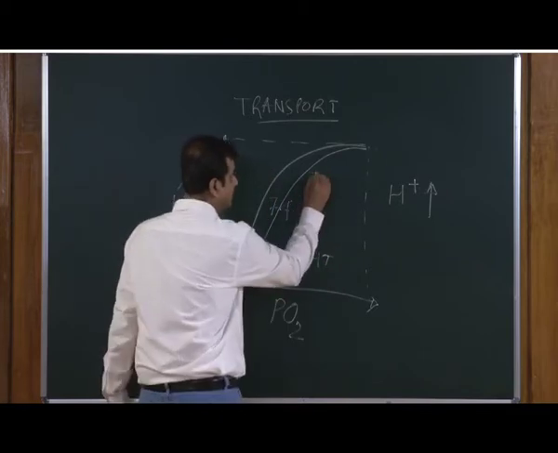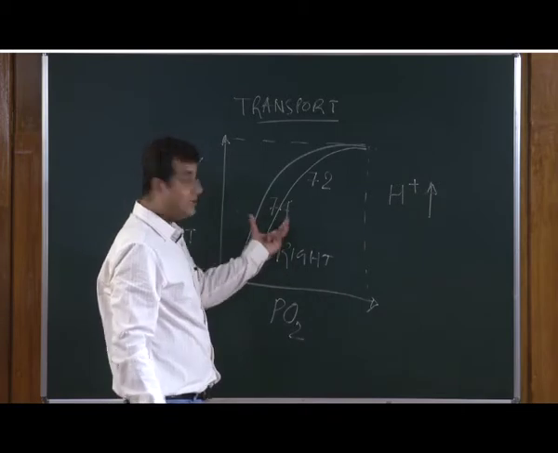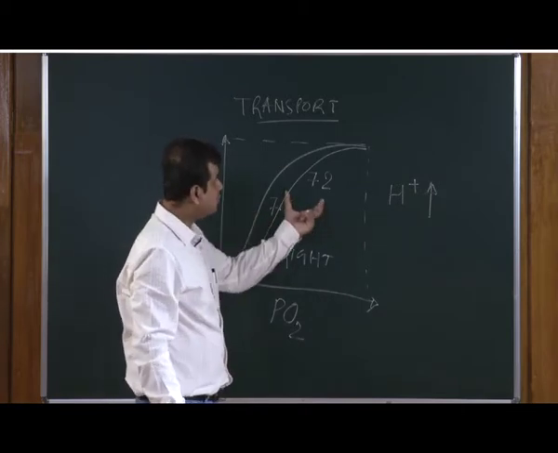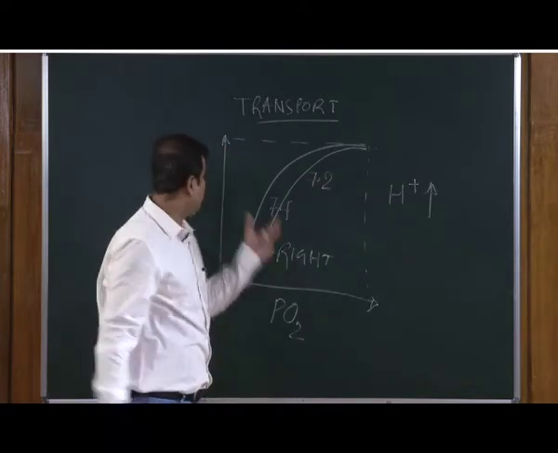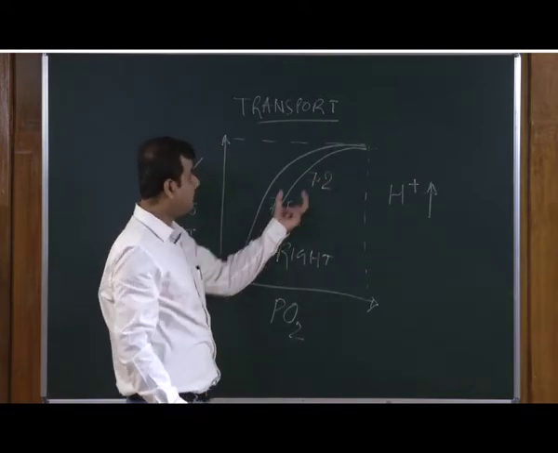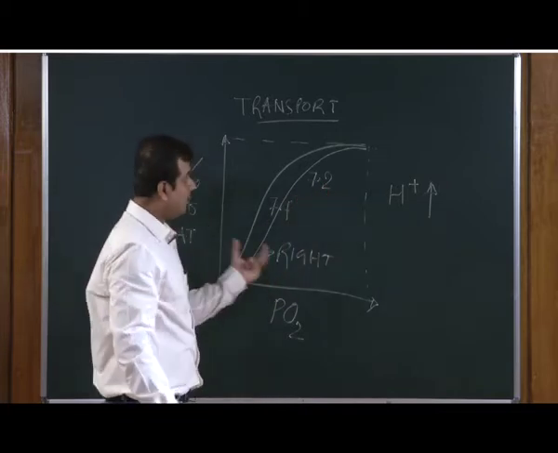If the H plus ion concentration increases and the pH of the blood decreases by 0.2, that means 7.2 instead of 7.4, then the whole graph shifts.